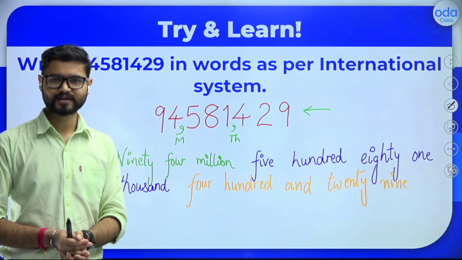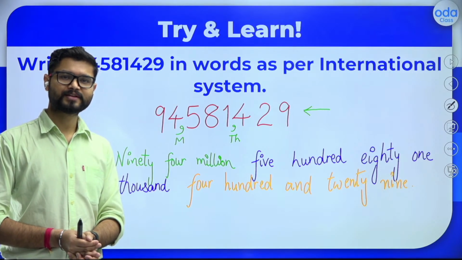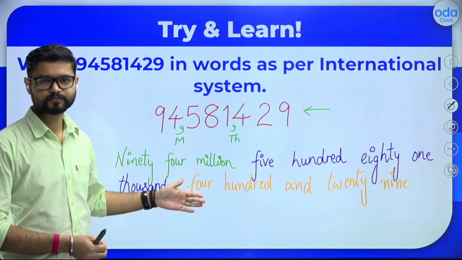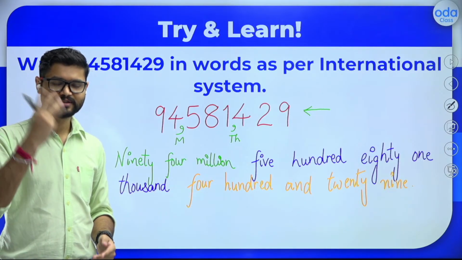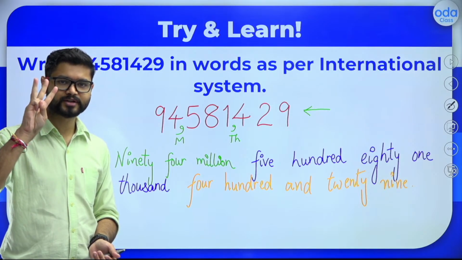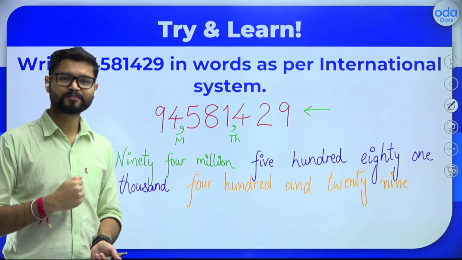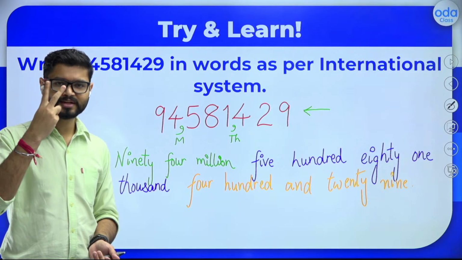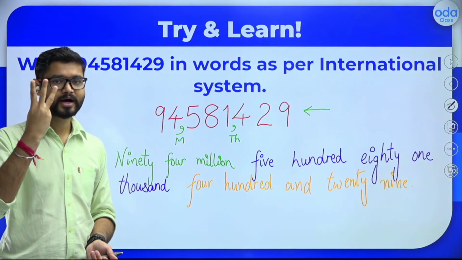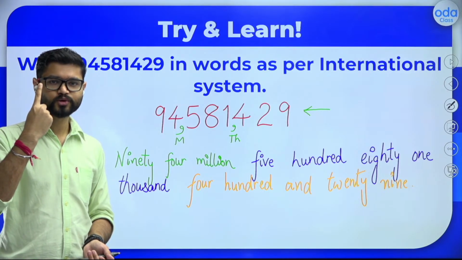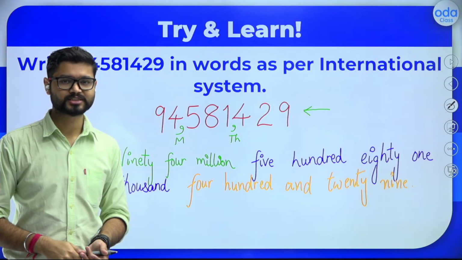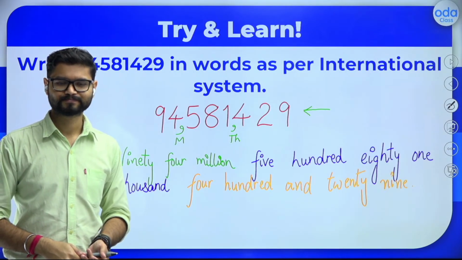The second thing is the terms that we use. Ones, tens, hundred, then for thousand it becomes 1,000, 10,000, 100,000. Next, for million, 1 million, 10 million, 100 million. Then 1 billion, 10 billion, 100 billion. 1 trillion, 10 trillion, 100 trillion. That is how the international system works.